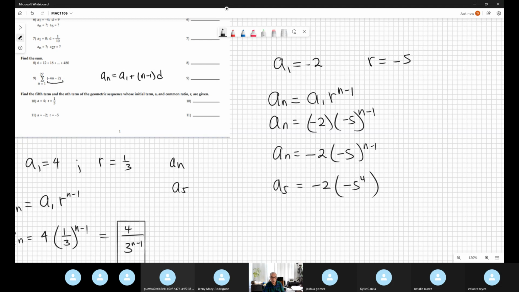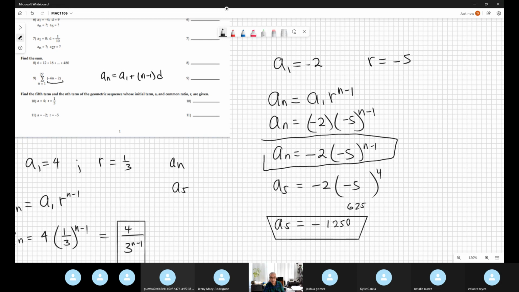So actually this 4, 5 minus 1, is not here, it's here. And this is obviously 625 positive because the power is even. I multiply by negative 2: negative, negative, negative, 1,250. This is the answer, and this is another answer.